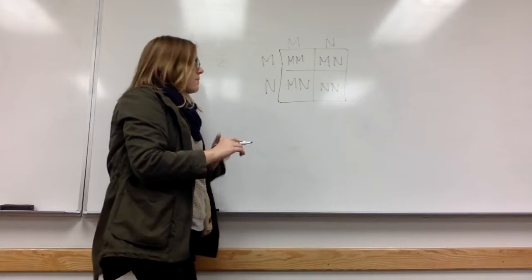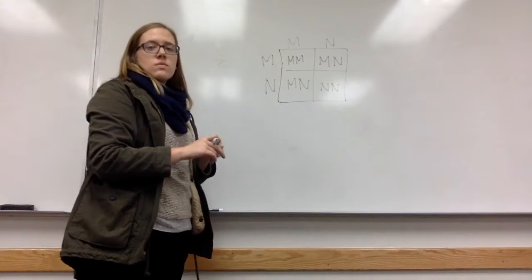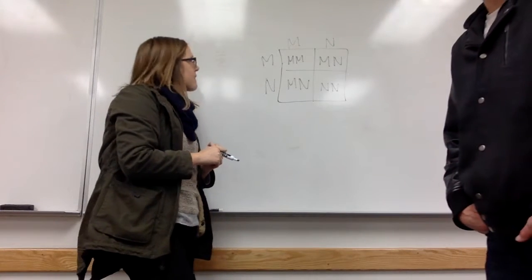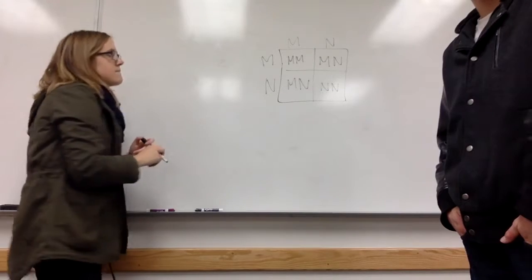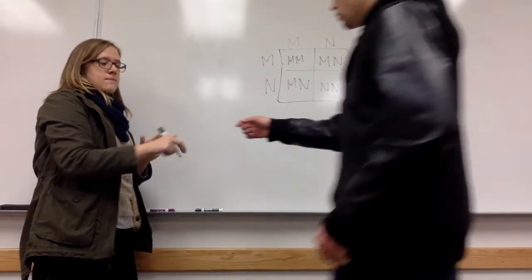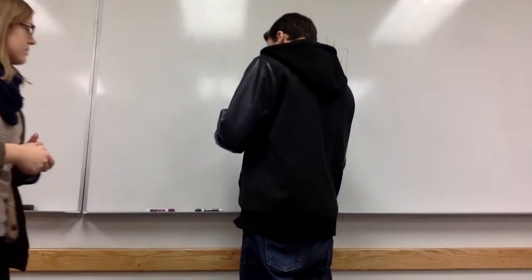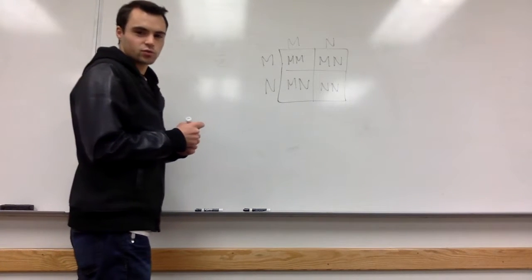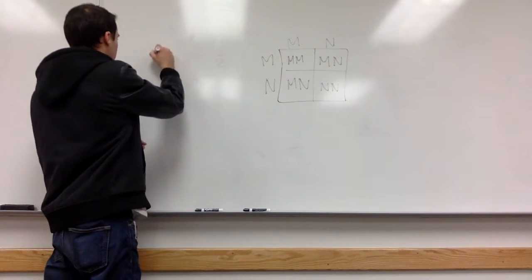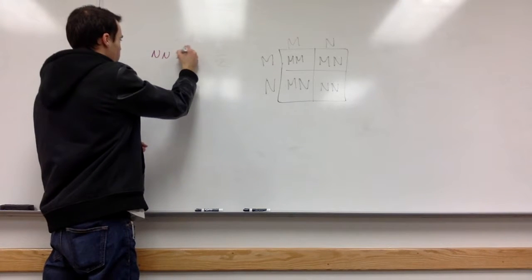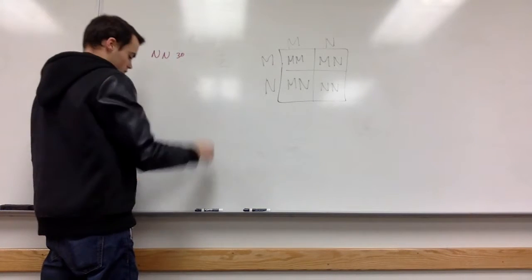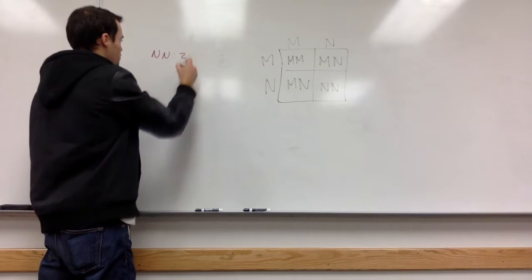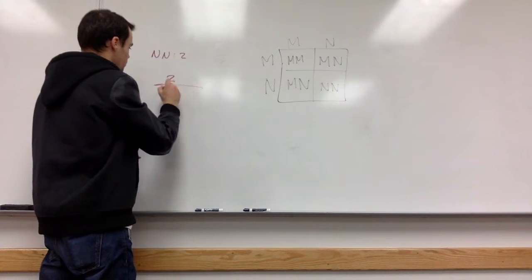So what she's asking for is the expected frequencies, or no, the actual number A. Are you asking for number A? Yeah, how do you find the frequencies for those? So how many NNs were there? Oh, NN, sorry, 2. There's only 2 of those in a population of 200.